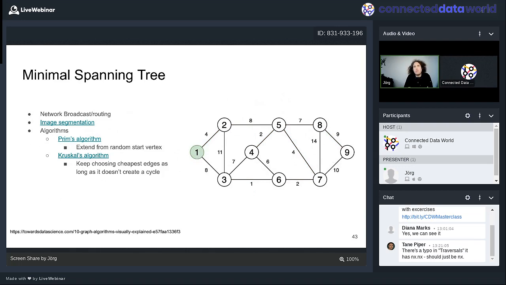For example, for network protocols, I think border gateway protocol depends on it, but also many others. This can also be used for image segmentation. Here's a link to the Wikipedia article for that. And also in general, where I might just want to consider a subgraph of the entire graph, minimal spanning tree might be a way of identifying the subgraph.